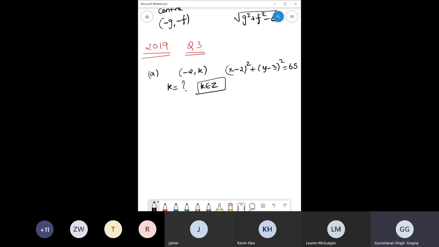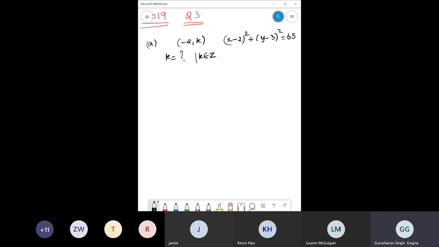So you have the equation of the circle, and this point is on the circle. Again, the same concept: if this point is on the circle, it must satisfy the equation of the circle, which means I can put x equal to minus 2 and substitute y equal to k. And then you just solve this. If you have one unknown, you need one equation to solve it. So let us solve this. Minus 2 gives minus 4.